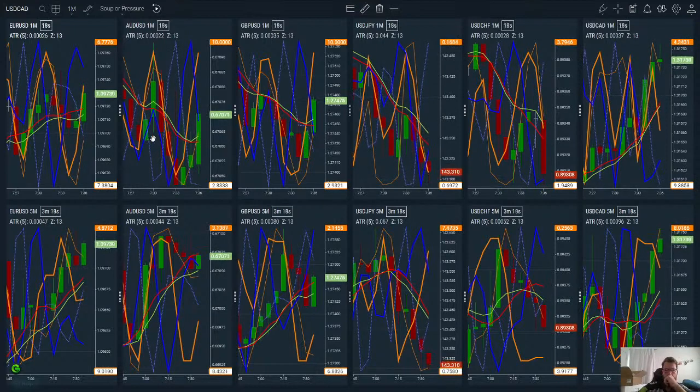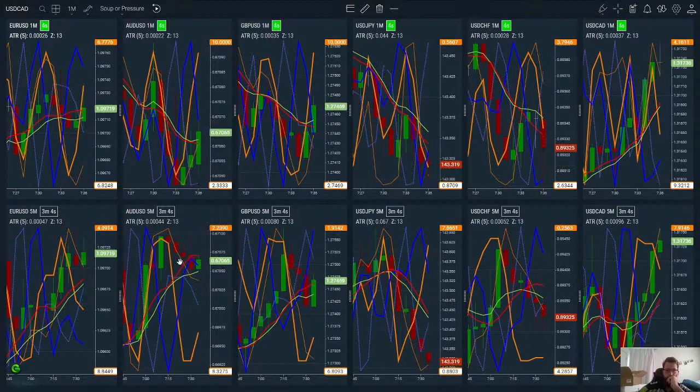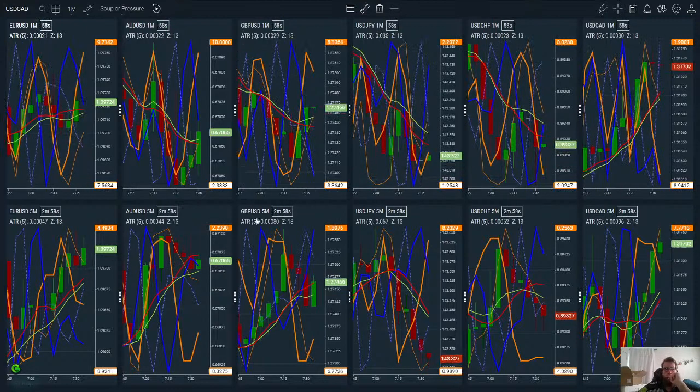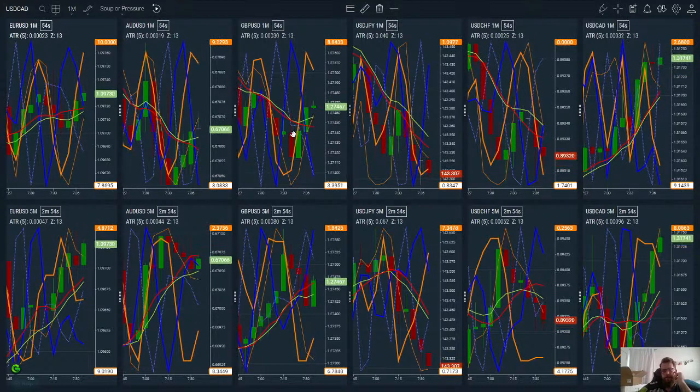Might be worth looking to go short here, but all of these, except for the euro, these two, the Aussie and the pound, seem to be losing momentum. And it looks like they're just trying to fight reversing right now. But they are still pointing up.